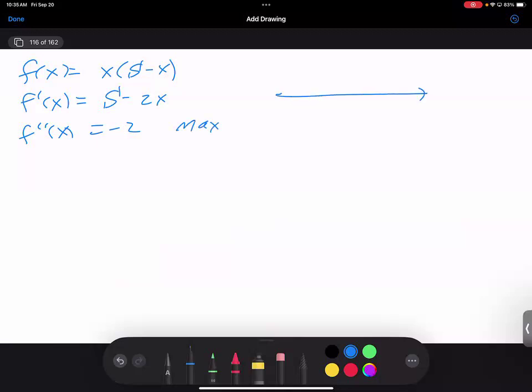If we plot f prime, here's s over 2, we see that if we are less than s over 2, the first derivative is positive, 0, and then negative. So that means the plot has to look something like this. So this is just basic curve sketching. If you know the sign of the derivative, you know if the function's increasing or decreasing. So we know the maximum value is going to occur at s over 2, and we get a square.